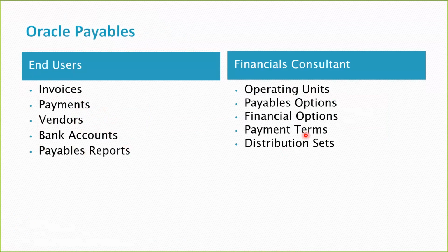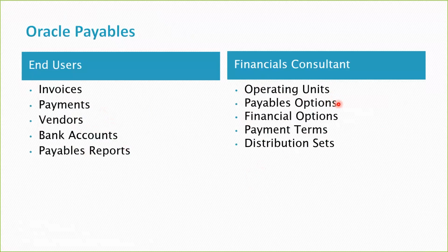Okay, on the other hand, you have the things that the financial consultant will do, or the setups that the financial consultants will have to configure. We'll see things such as operating units. You have to define those. You have to define payables options. You have to define another thing called financial options.